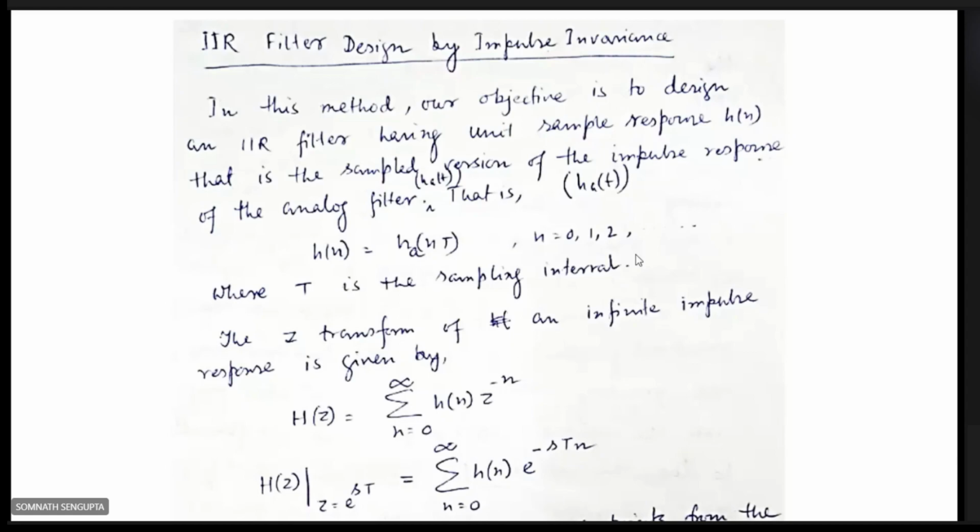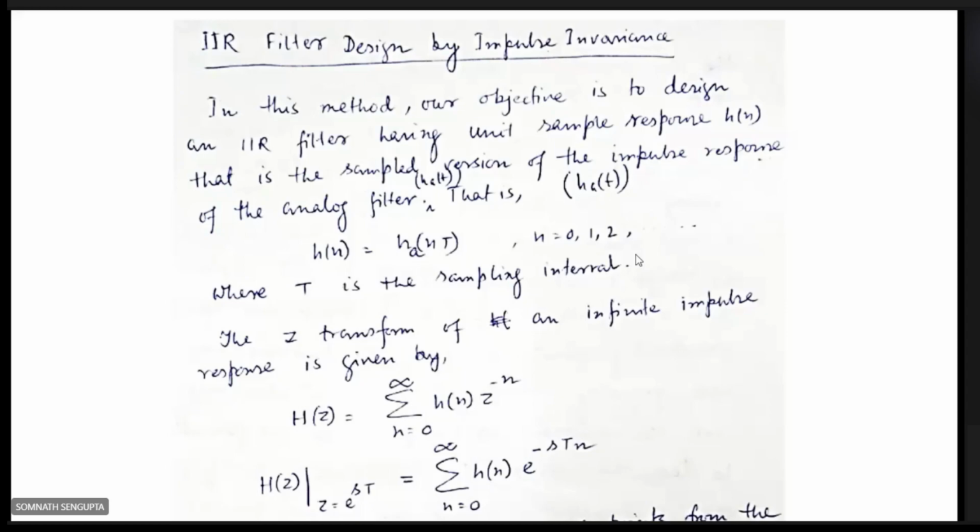Now the Z transform of the impulse response h(n) is H(z), the summation for n equal to 0 to infinity of h(n) z to the power minus n. We know the relation between the Laplace transform and the Z transform, that is z is equal to e to the power sT, where s is equal to sigma plus j omega.